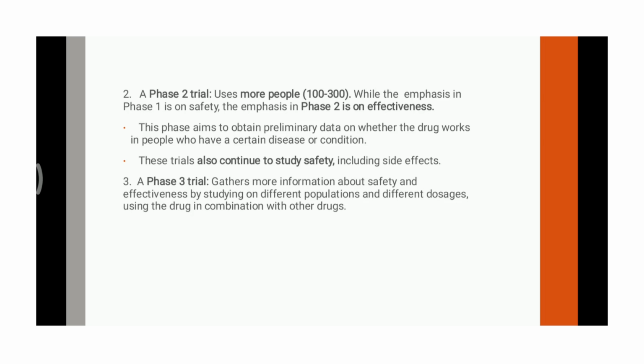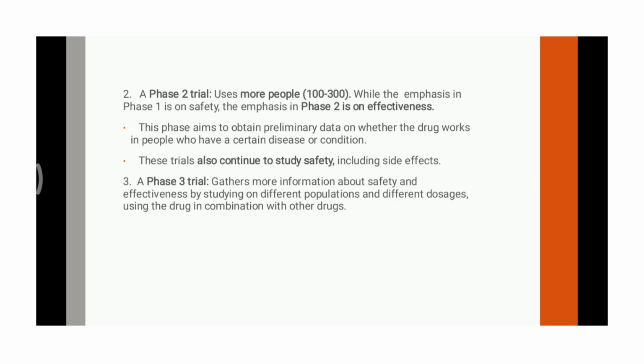So what is phase 3 trial now? Phase 3 trial gathers more information about safety and effectiveness. Here, in case of phase 3 trial, the human subjects number more than 300. In phase 2 trial, the human subjects were 100 to 300.